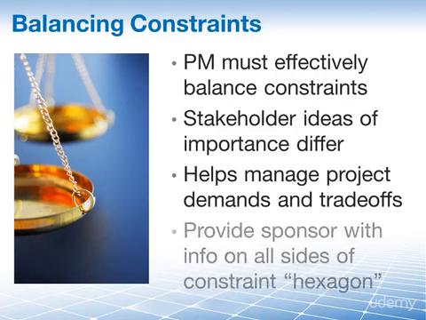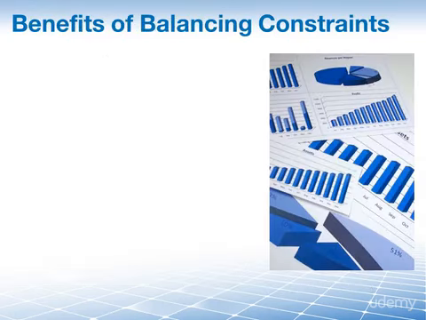Project managers have the responsibility of providing the sponsor with information on all sides of these competing project constraints, of that hexagon that we looked at, and how each of these constraints contributes to project success. Your project will most likely fail when one of the constraints changes and you do not make appropriate adjustments to the other constraints. So we know it's important for you as the project manager to balance these constraints.